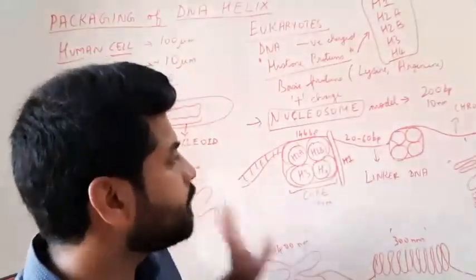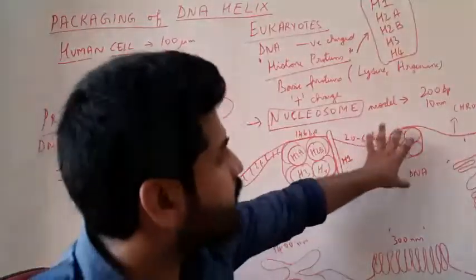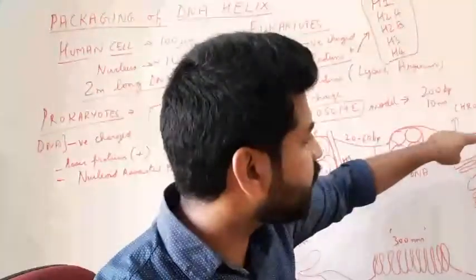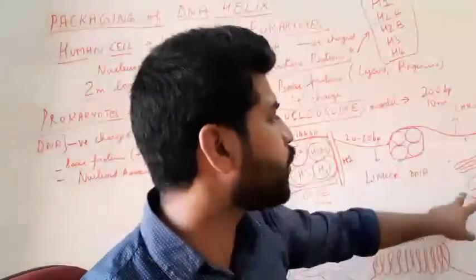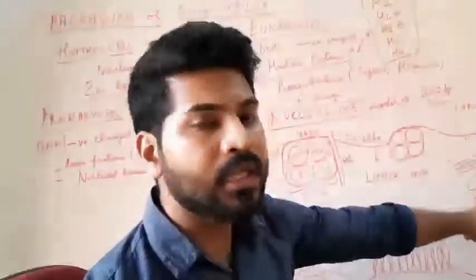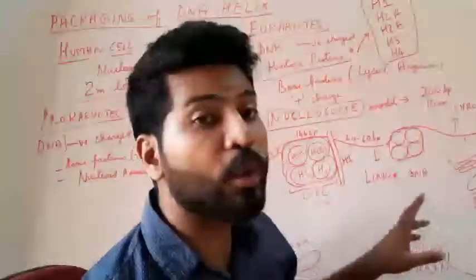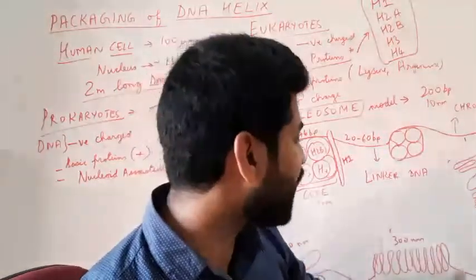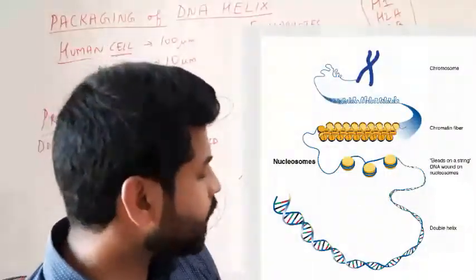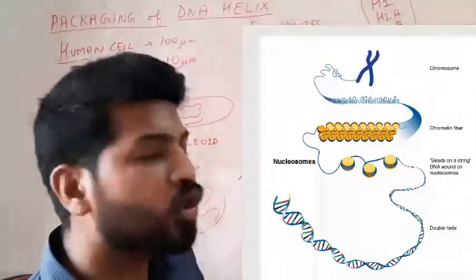This size is fixed. This is what is called a chromatin, and this chromatin will further undergo coiling to give you a structure whose diameter is 30 nanometer, giving rise to the chromatin fiber. The chromatin fibers will join and give you finally the chromosomes.